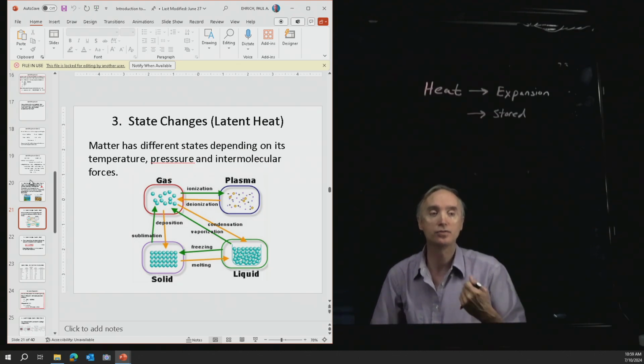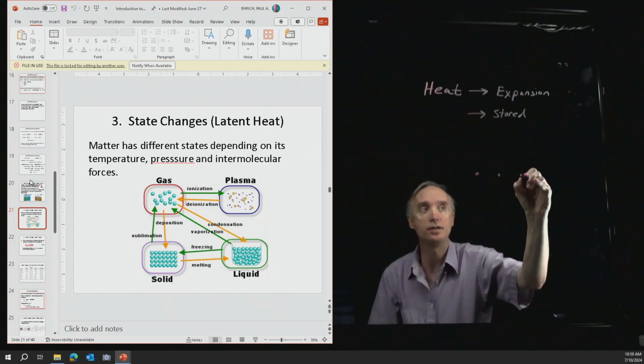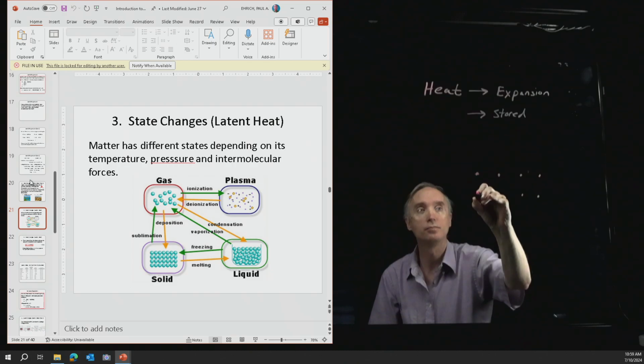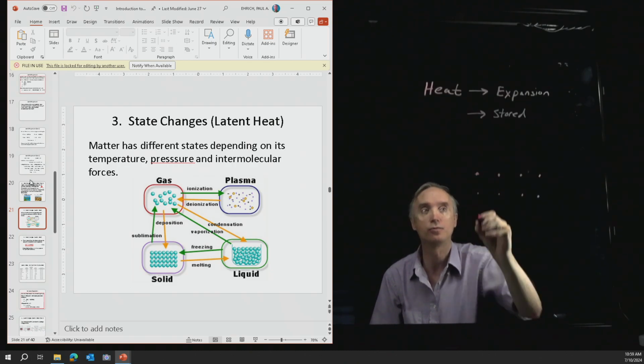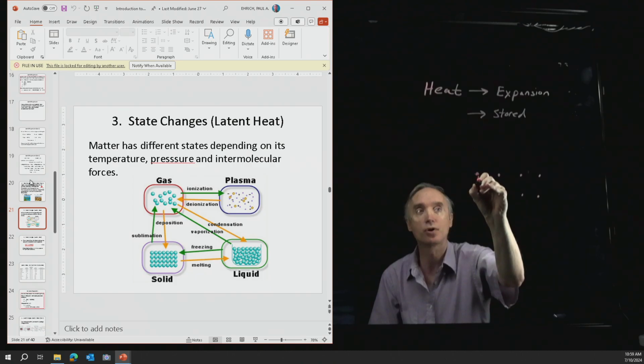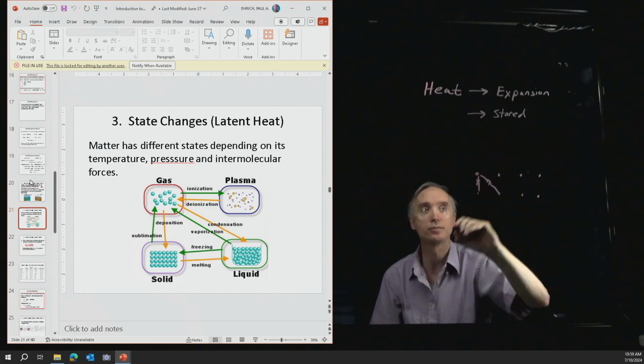So let's go back to our picture of a solid in which we've got these atoms that are being held together by electrical forces, and we represent those electrical forces by springs, or you can think of them as rubber bands that are holding these atoms together.